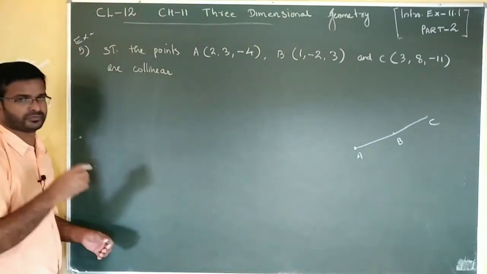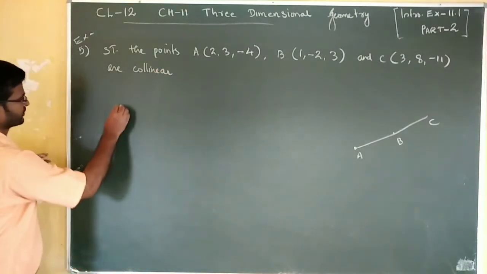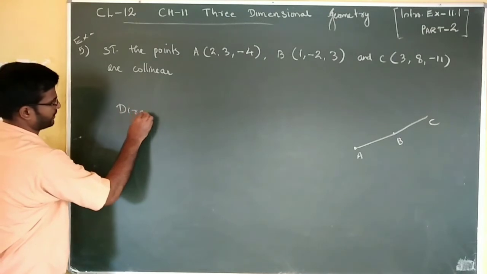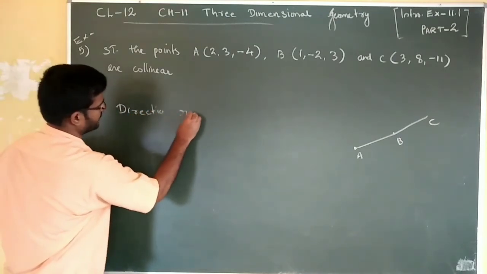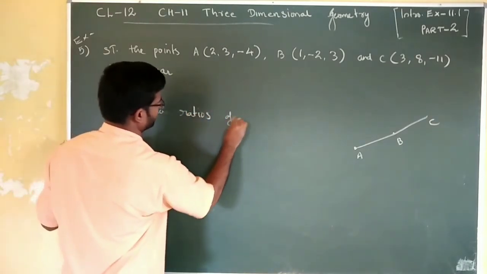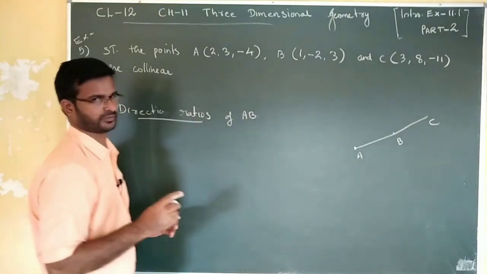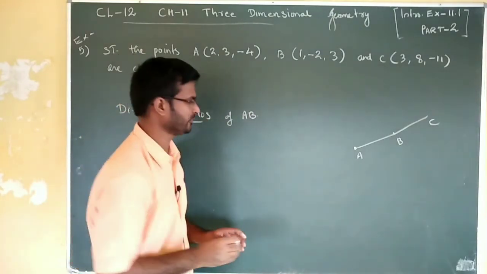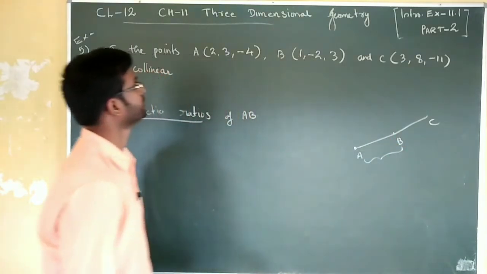How to check? We will find the direction ratios of AB, not direction cosines. We will consider only the direction ratios of A and B.